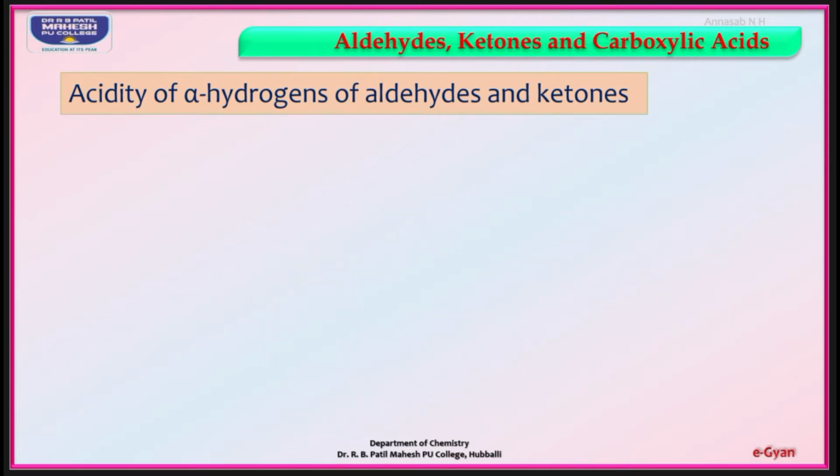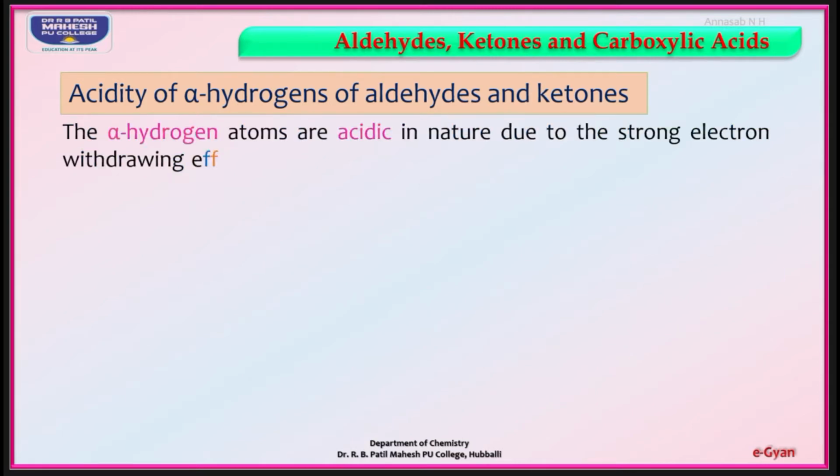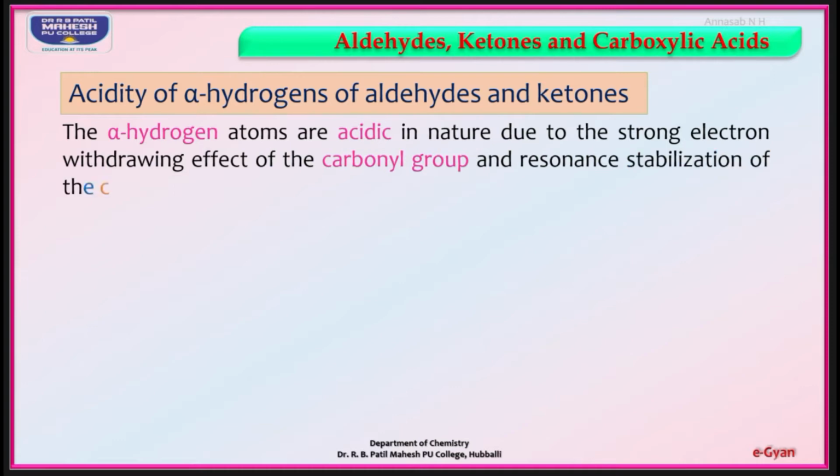These alpha hydrogen atoms are acidic in nature due to the strong electron withdrawing effect of the carbonyl group of aldehyde and ketone, and the conjugate base is resonance stabilized. That means we have a carbonyl group to which a carbon atom is attached, known as the alpha carbon atom, and the hydrogen atoms present on it are alpha hydrogen atoms.